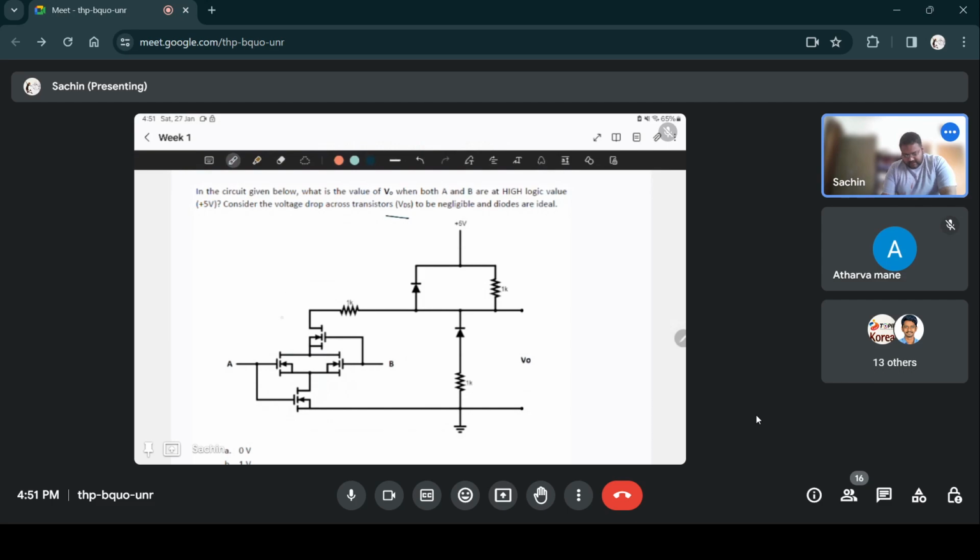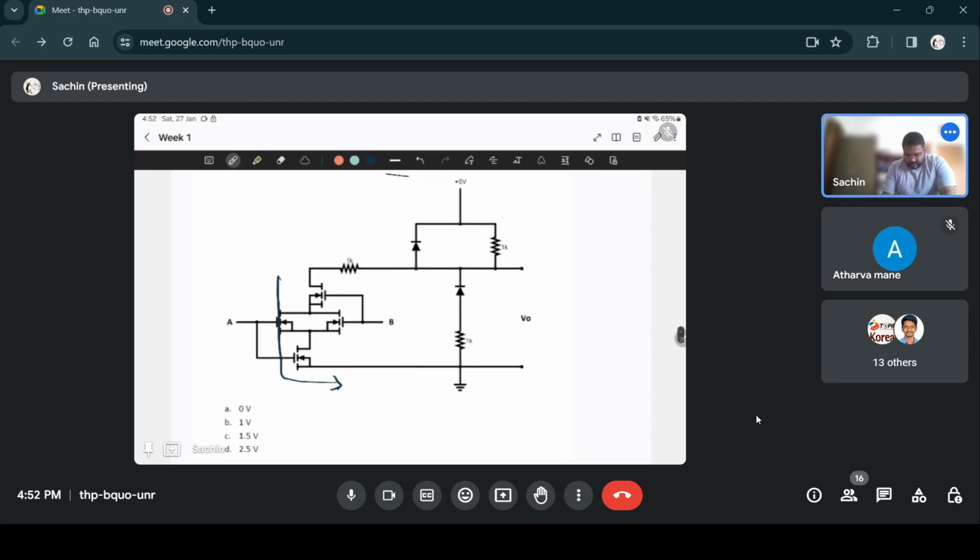That means that this entire path gives you a path for current to flow because all the transistors are on and the resistance will be almost 0, let's say here. Ideally that should be the case. So what will happen to this circuit?